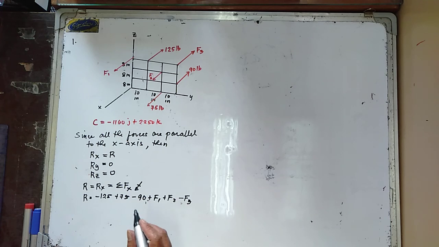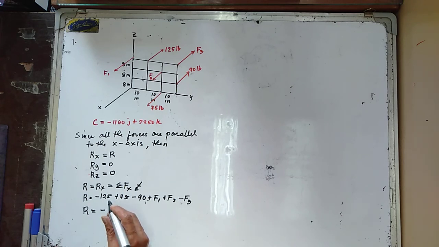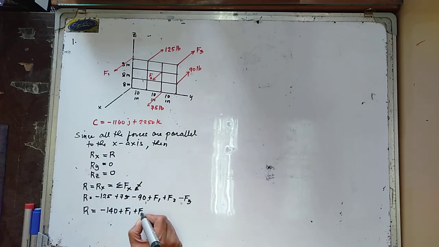Hence, R is equal to negative 140 plus F1 plus F2 minus F3.